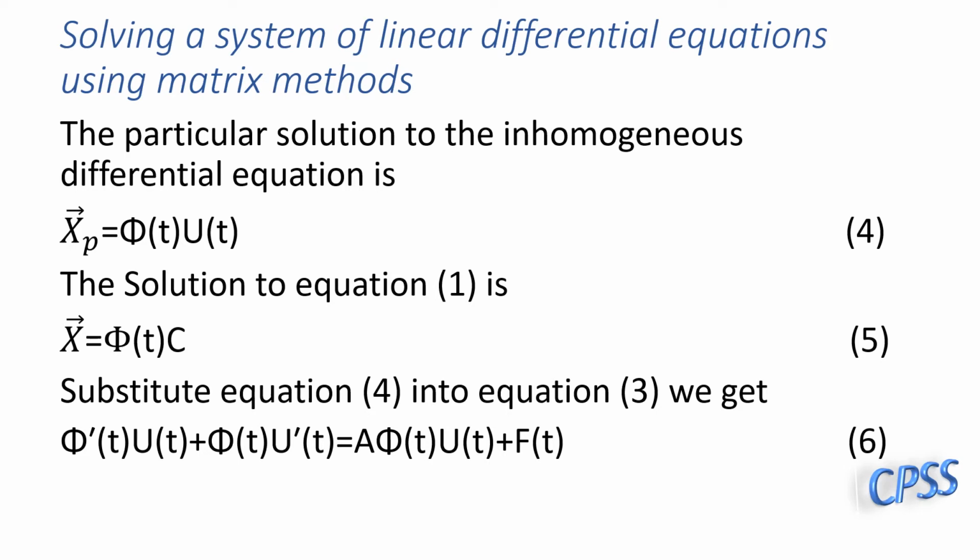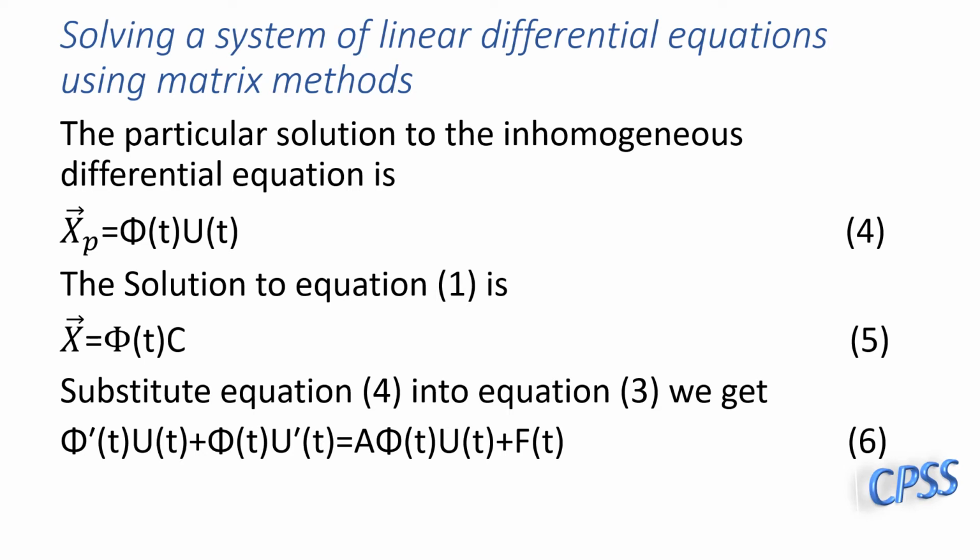So what you do is you take the particular solution and you substitute it in equation 1. So that's equation 4 into equation 3. And what you get is, you can see where I simplified the equation, and you see the force function on the right side of equation 6.